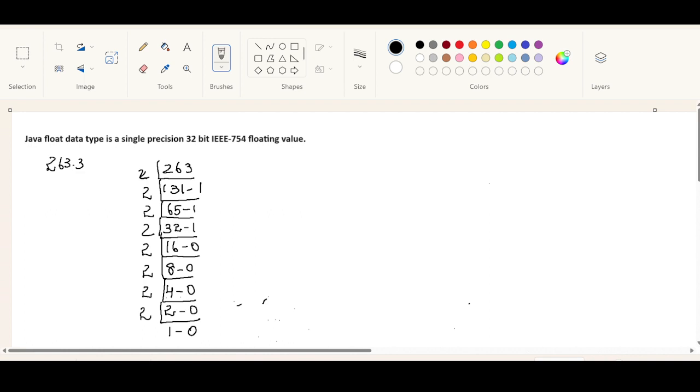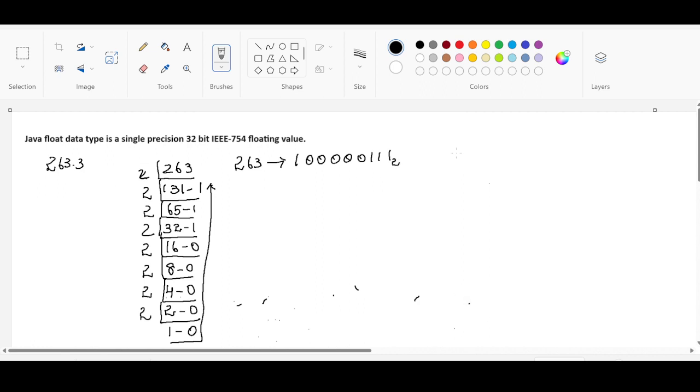So we collect all the remainders from the bottom to top in this order. For 263, the equivalent binary number is 100000111 base 2.